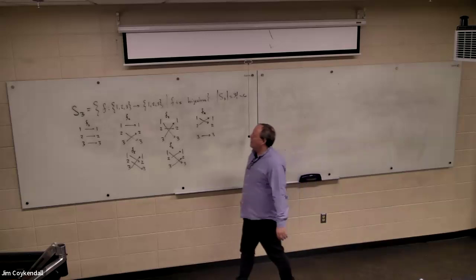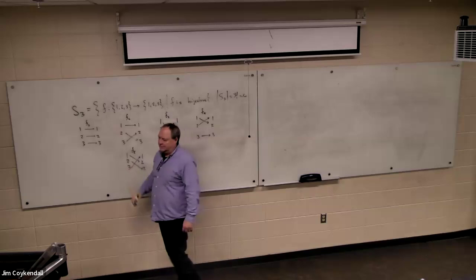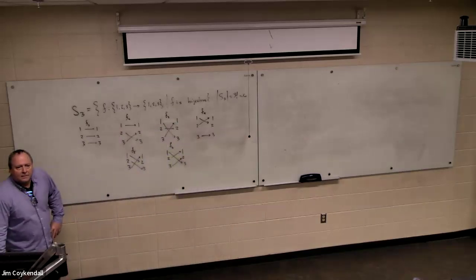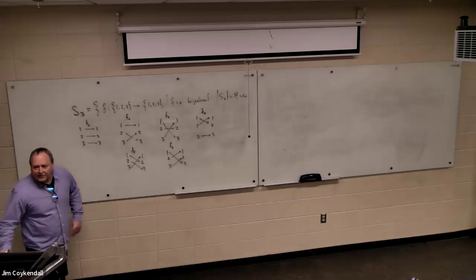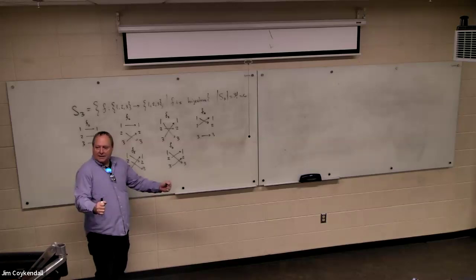By the way, what is the inverse of F2? What do you have to compose F2 with to get the identity function? Itself. Everybody agree? F2 is just a swap of two things. You have to swap them back to get the identity, right?